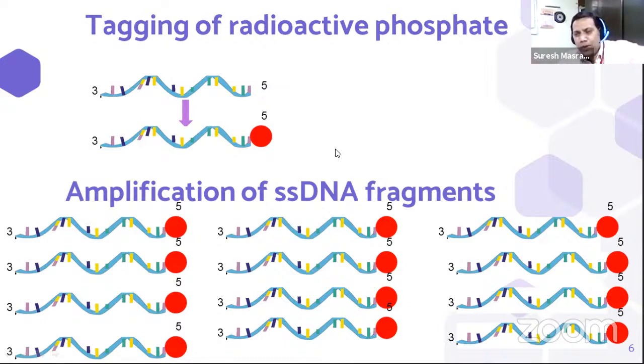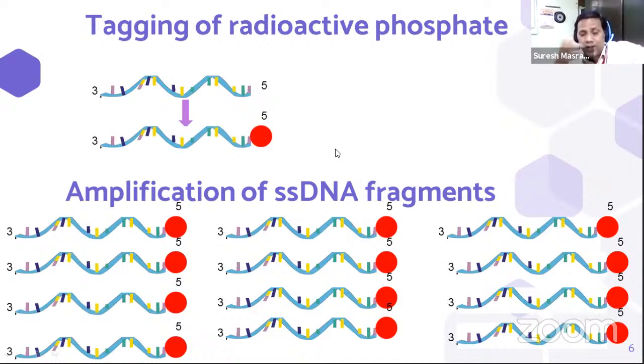the 5'. Now, if we are interested to tag the 3' end, then we add the 32P radioactive phosphate molecule to the DNA strand with the help of terminal transferase enzymes.